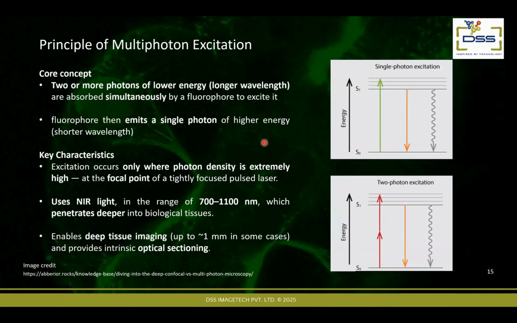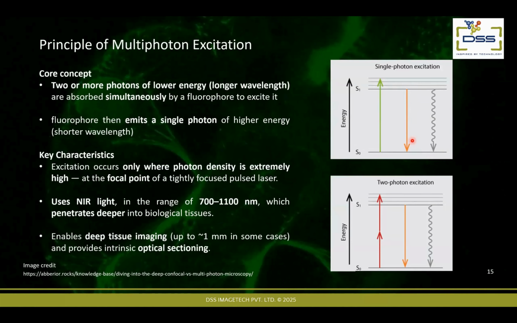So how does this work? Because we have seen earlier that a photon of higher energy is required to excite a certain fluorophore. And then when it emits fluorescence, it emits at a higher wavelength and lower energy. But since the multiphoton is relying on high wavelength light, that is the infrared light, how is it possible that we can use this for imaging?